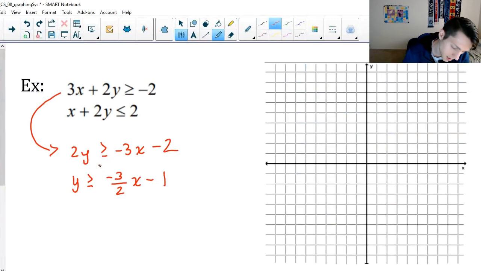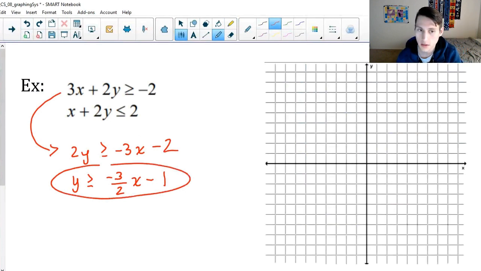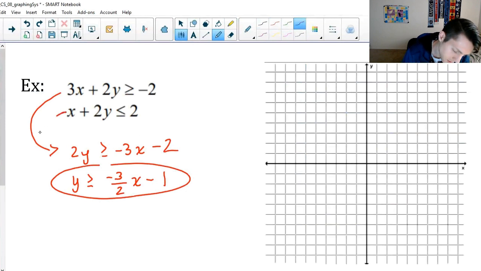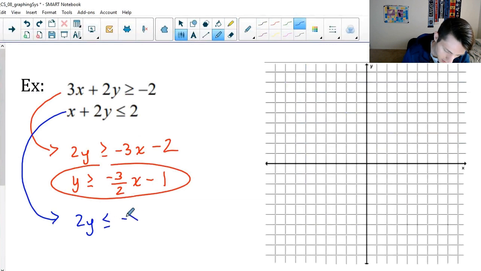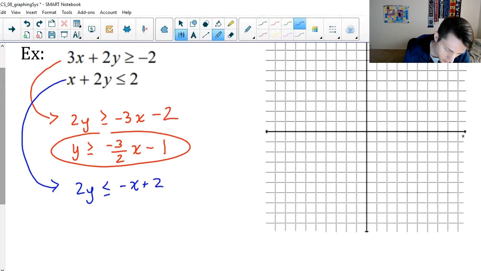Okay, so this is one of the equations that I want. And I'll go ahead and change this one before I graph. Let's use blue. Okay, same thing. I'll subtract x on both sides. And then divide by 2.